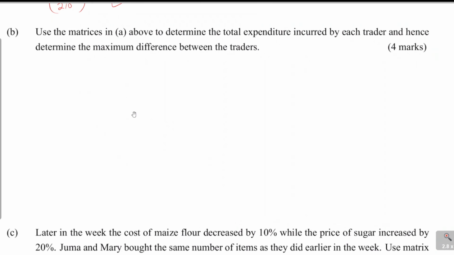Part B. Use the matrices in A above to determine the total expenditure incurred by each trader and hence determine the maximum difference between the traders.